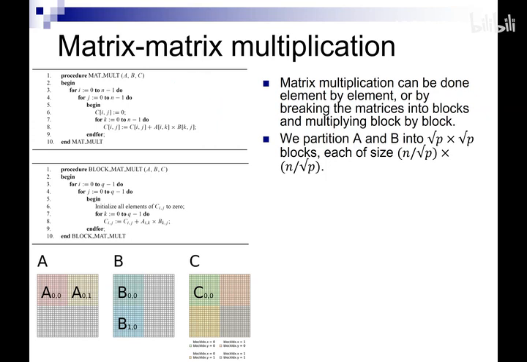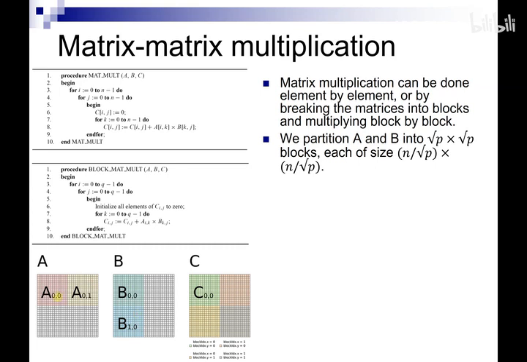Now, for the block-based matrix multiplication algorithm, what you observe is that you can actually take multiple rows. You can break up the A matrix and the B matrix into blocks, and then multiply a row of blocks by a column of blocks.